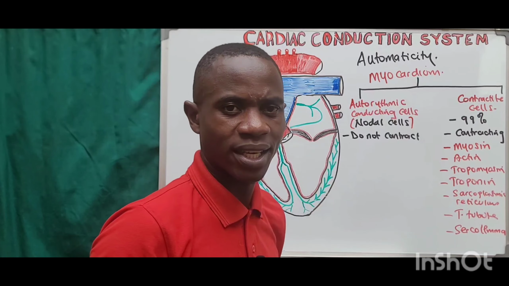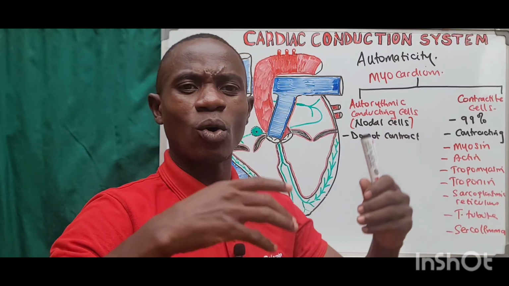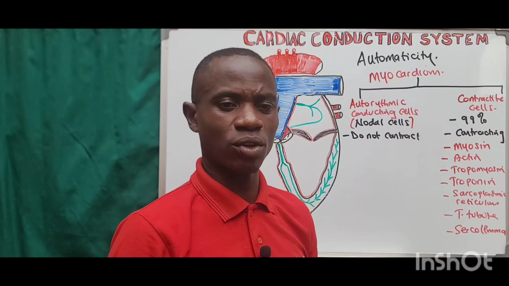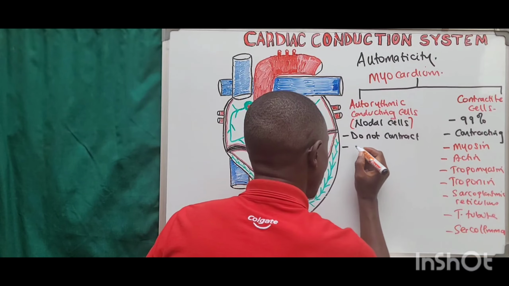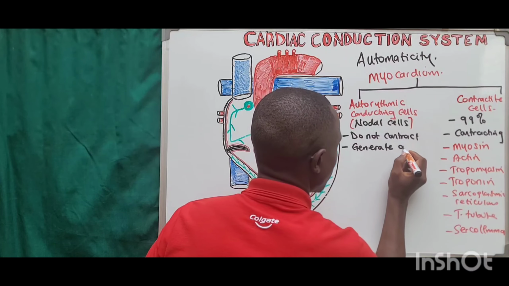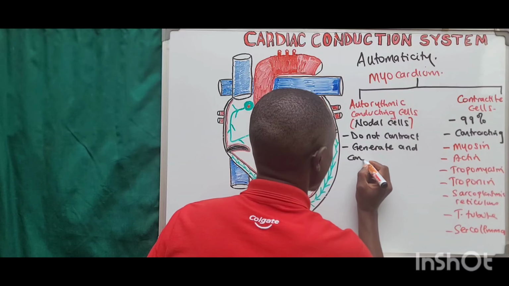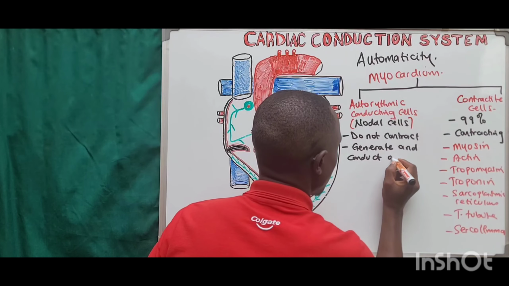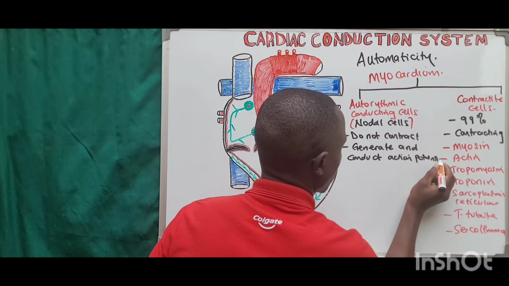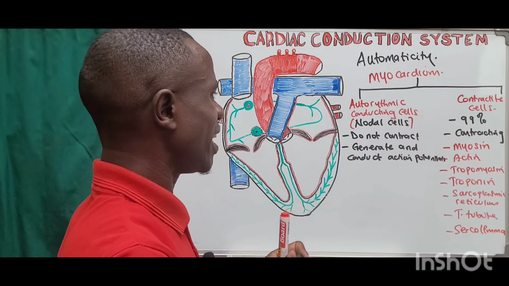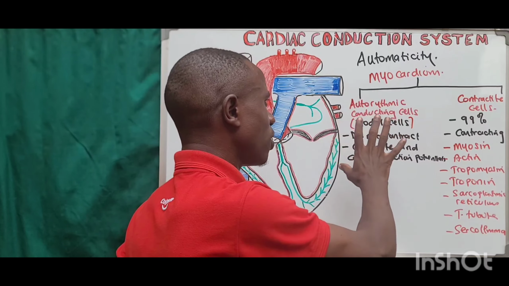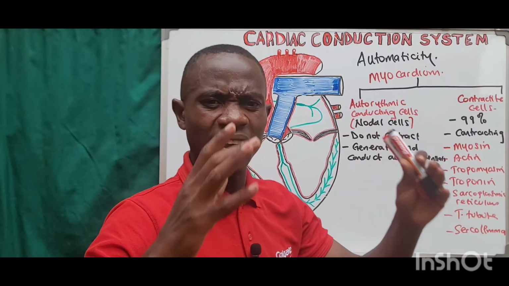The purpose of these cells is that they automatically generate action potentials and then conduct them. That is their main role. They don't contract.